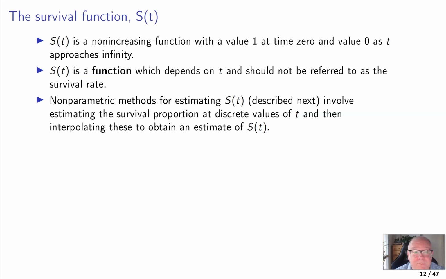We can read off specific values of the function of time and talk about, for example, the 1-year survival or the 5-year survival, but the survival function is a function. And non-parametric methods for estimating the survivor function typically involve estimating the survival proportion at discrete values of time and then interpolating these to obtain an estimate of the function.